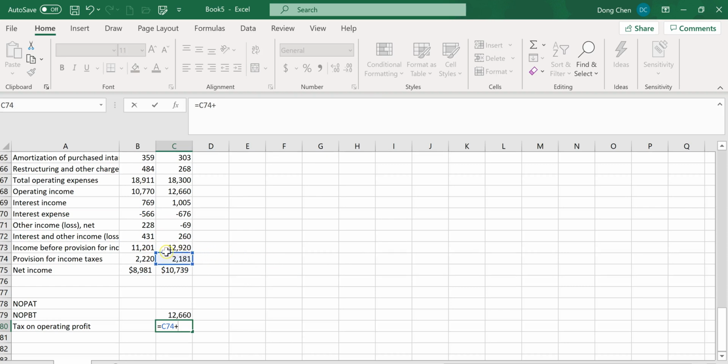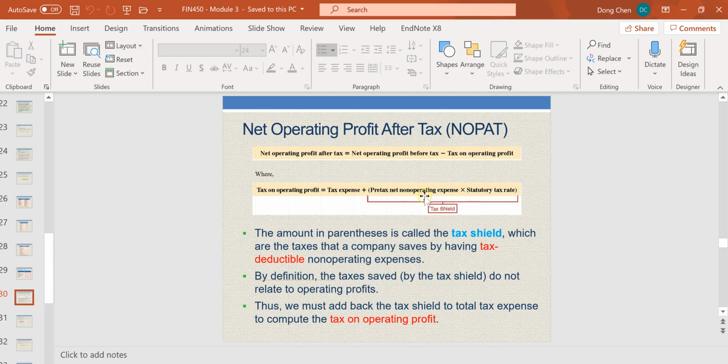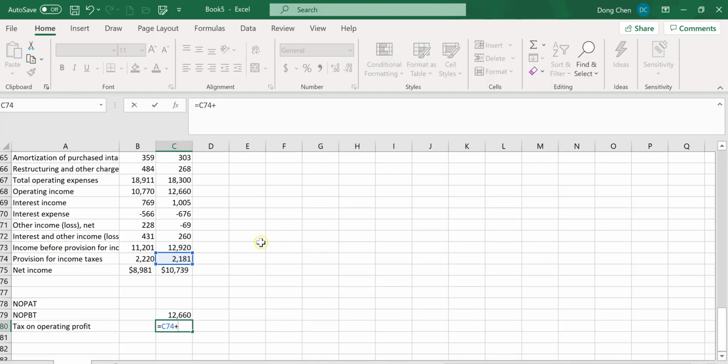Because this is adding pre-tax expense, it takes expense as a positive number, so income should be taken as a negative number, but that's not what is done here.